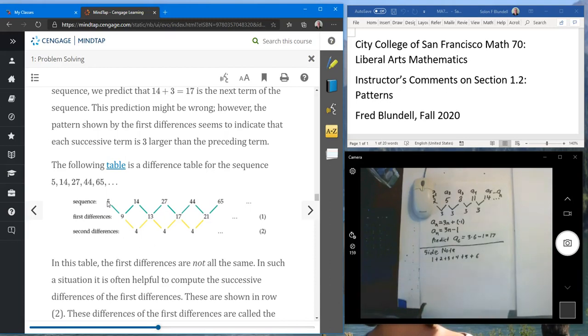See, 3 plus 4 is 7, and 2 plus 5 is 7, and 1 plus 6 is 7. So what we got was 3 sevens, 3 times 7.